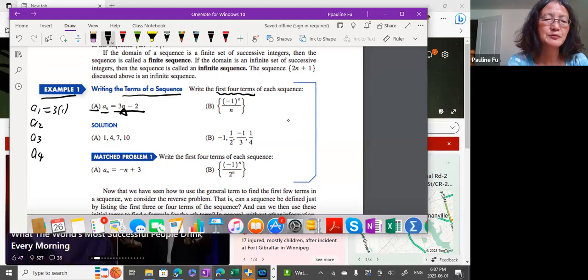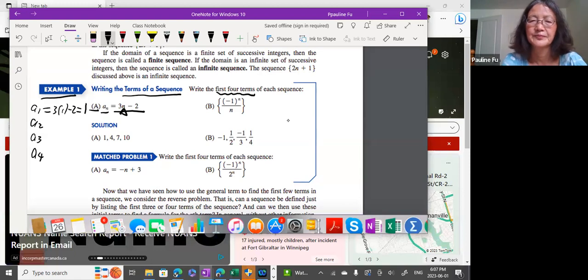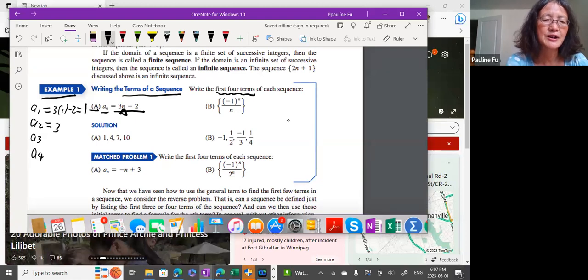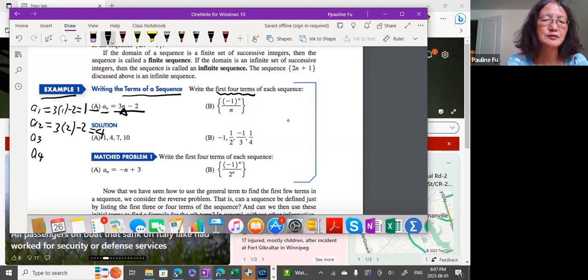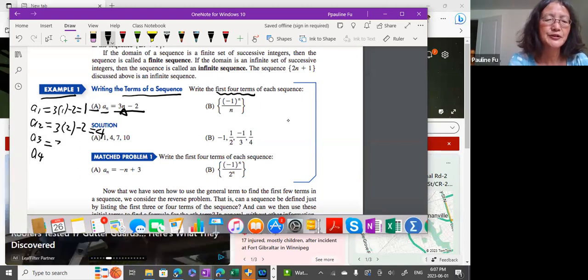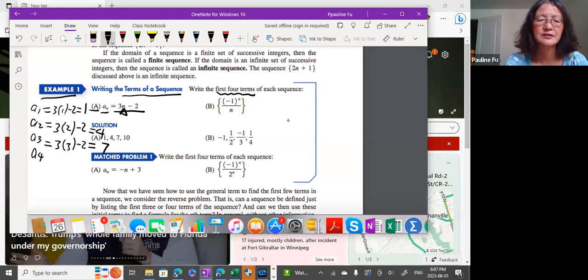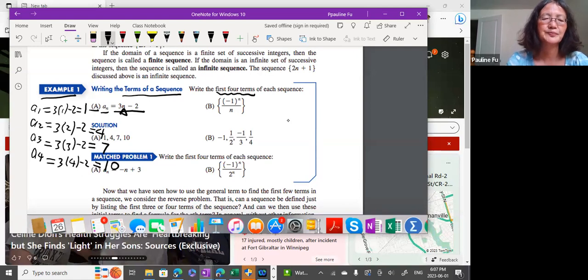So 3 times 1 minus 2, which is 1. A2 is 3 times 2 minus 2, equal to 4. A3 equal to 3 times 3 minus 2, 7. And A4, 3 times 4 minus 2, equal to 10. So this is part A.